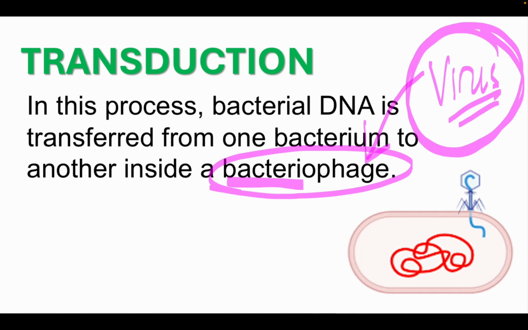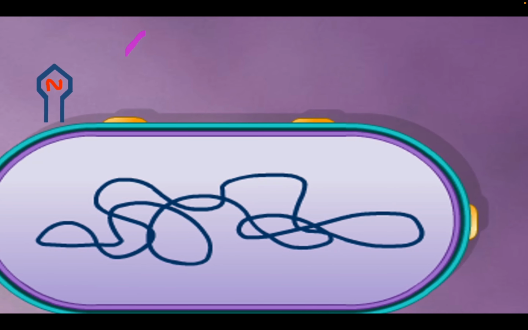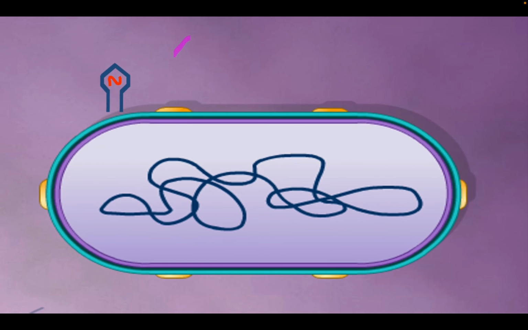Okay, next one. So this one, class, you have here the bacteriophage, and inside of that is the DNA of the bacteriophage, right? So take note of the color red. Once the bacteriophage infects the bacteria, or we can artificially use the bacteriophage to infect bacteria, later you will realize why.